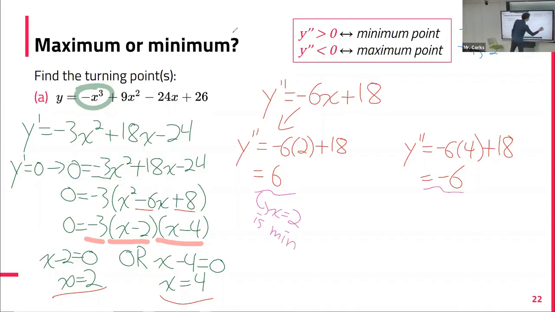And then the other one here is a negative value, and we've said if y double prime is less than 0, we have a maximum point at that spot.